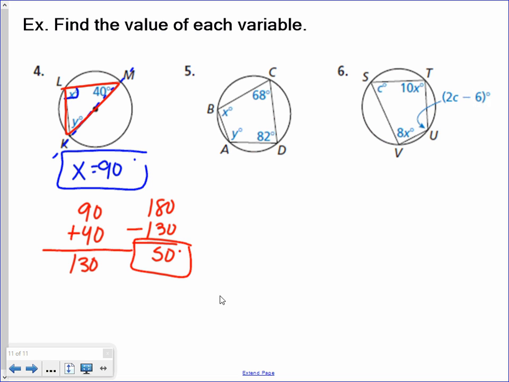So on number 5, or letter B, or however I named it on yours, Zach, can you point out one pair of opposite angles for me? On number 5? Yes. B and D. So X and 82 have to add up to 180. And then the other pair, A and C, also have to add up to 180.